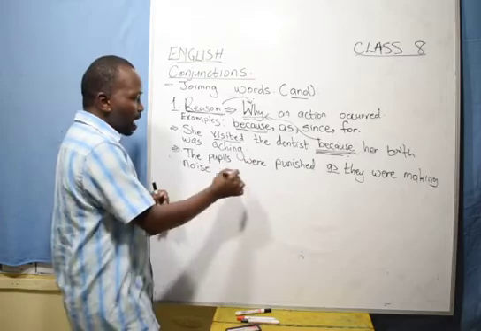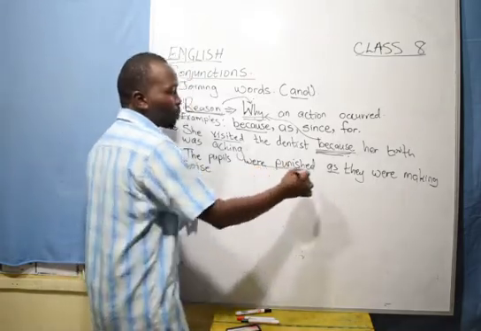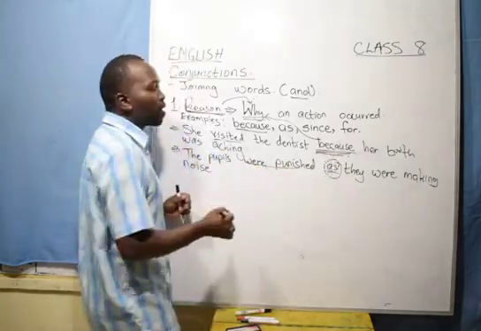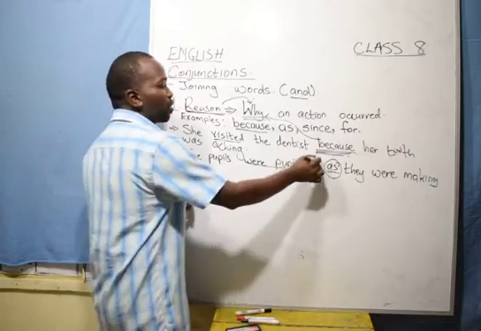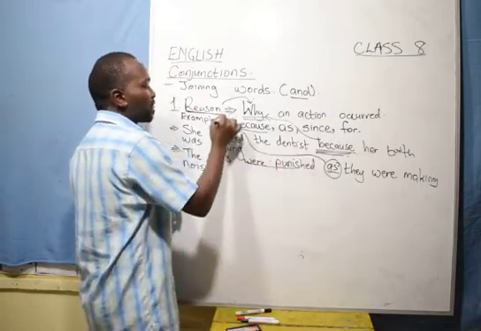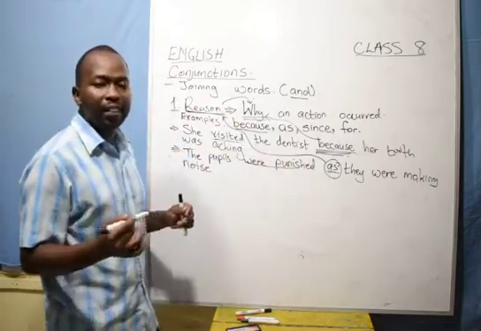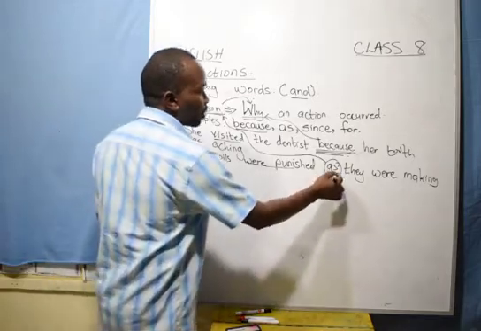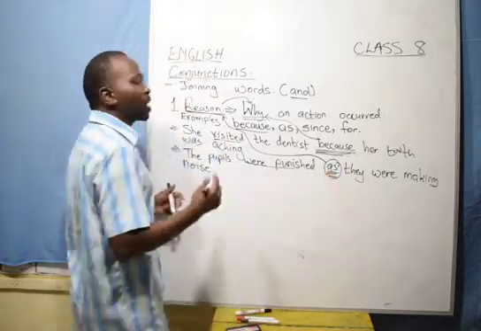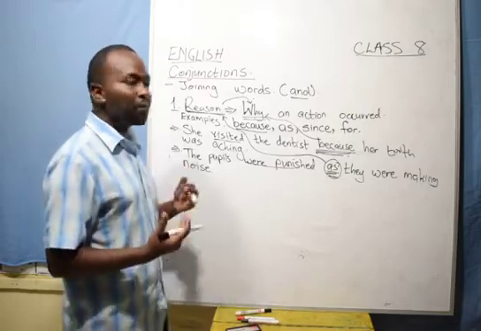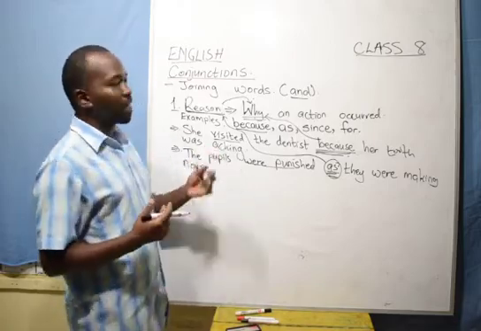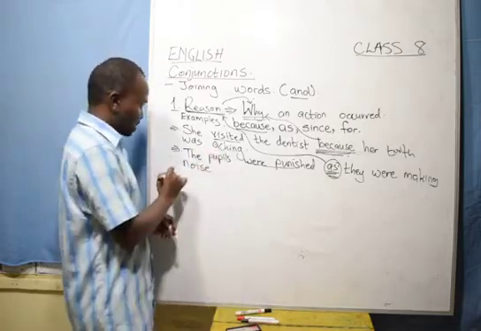So, why were they punished? They were punished as they were making noise. So, this one gives us the reason why they were punished. The word, or the conjunction, as. So, we can continue practicing more and more of these conjunctions of reason and constructing more sentences.